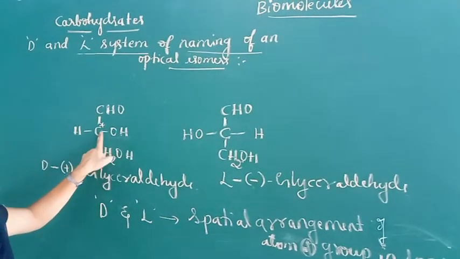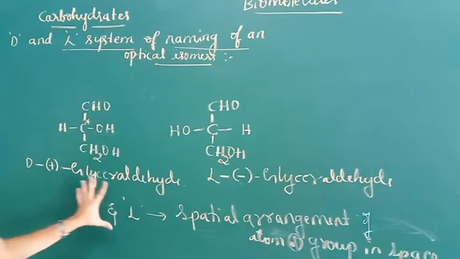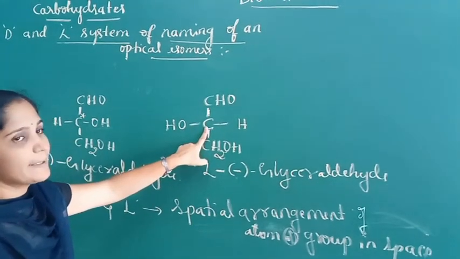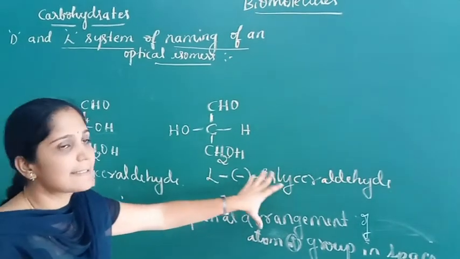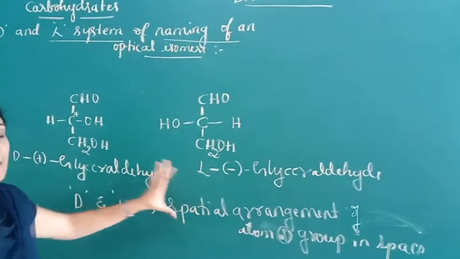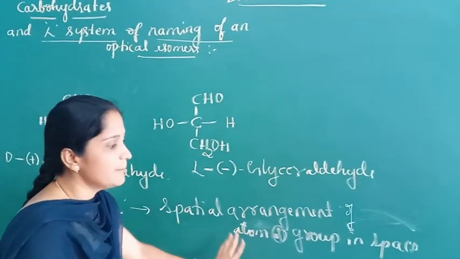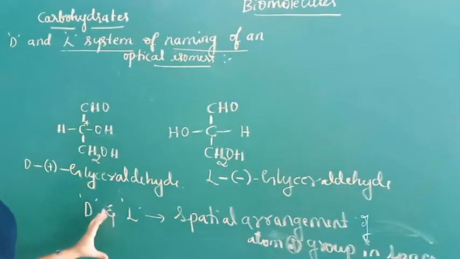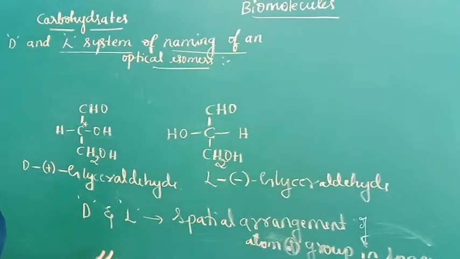On the asymmetric carbon atom, if OH is on the right hand side, we call it D-(+)-glyceraldehyde, and if OH is on the left hand side, we call it L-(−)-glyceraldehyde. The capital D and L indicate the spatial arrangement of atoms or groups in space, and the plus and minus signs indicate the property of a molecule to rotate plane polarized light towards either left or right.